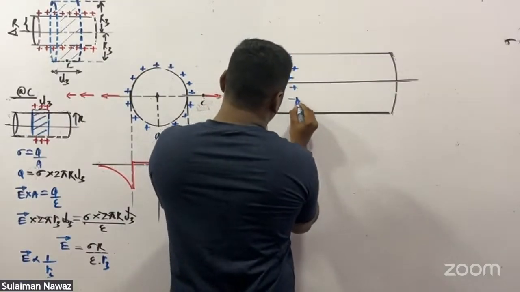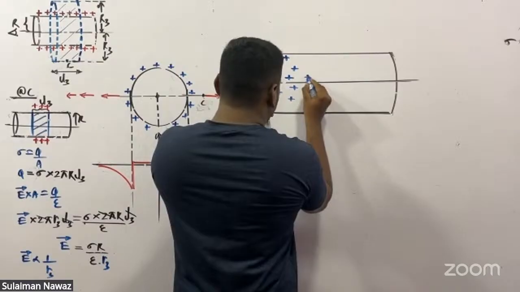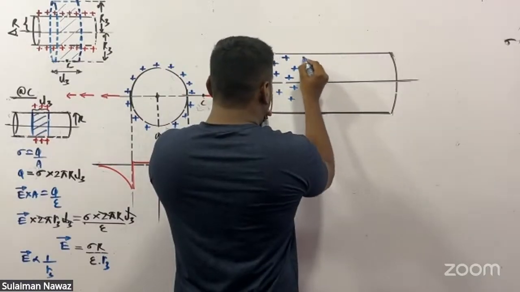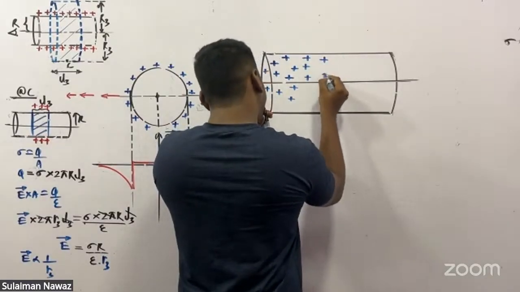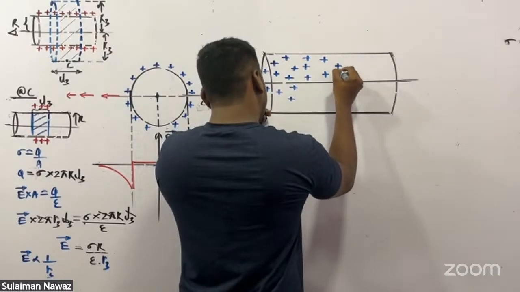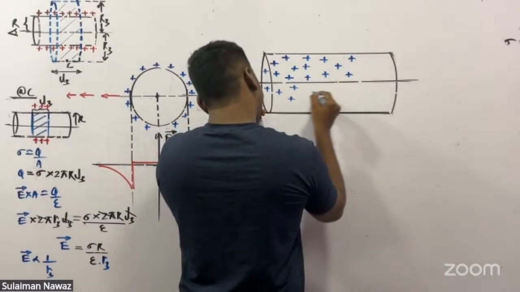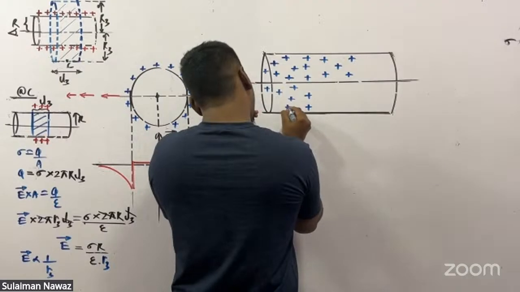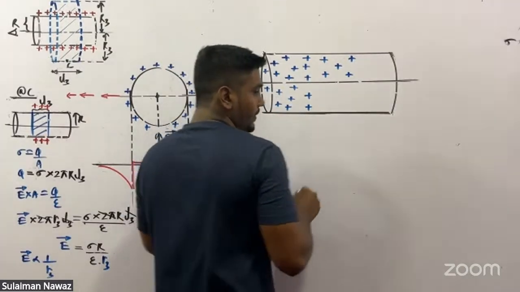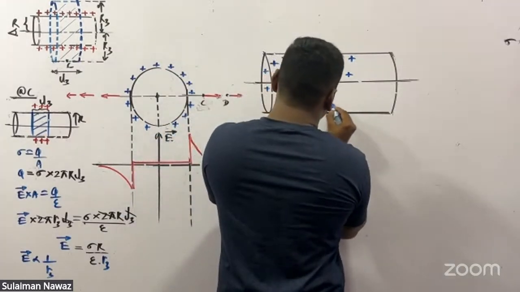Then quickly find the intensity at a point inside the cylinder, intensity at a point just outside the cylinder, intensity at a point outside the cylinder. Then when you draw it, how would be the diagram?